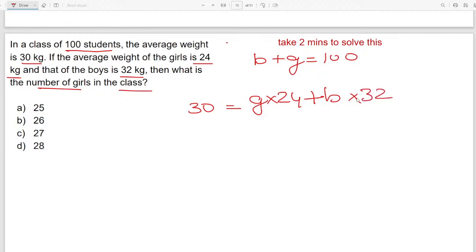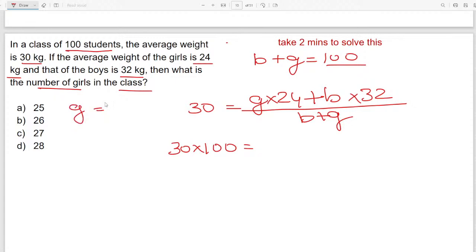So this whole number will give you the sum of the weight of all the 100 students, divided by B plus G. We have this equation. In this equation, we know that B plus G is equal to 100. So this would be 30 into 100, that is 3000.